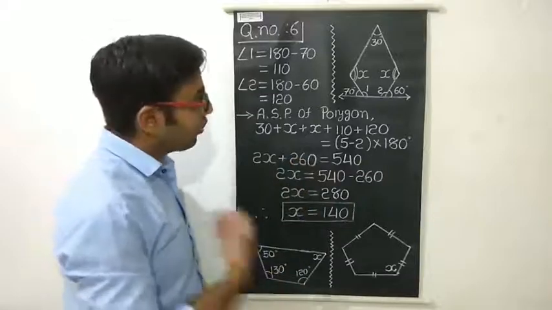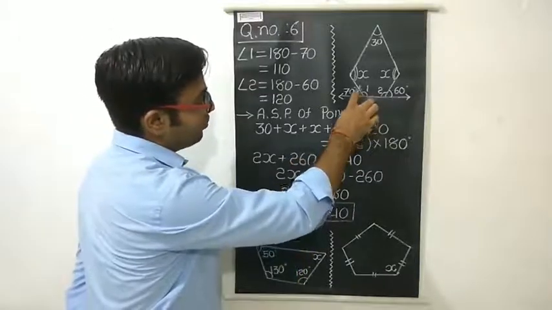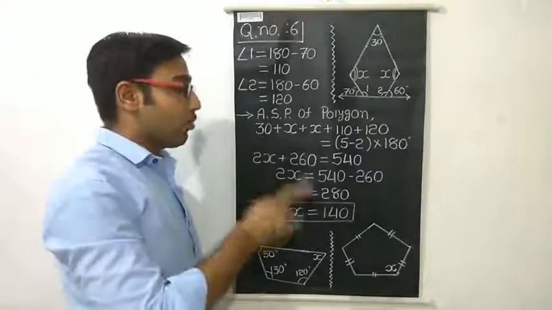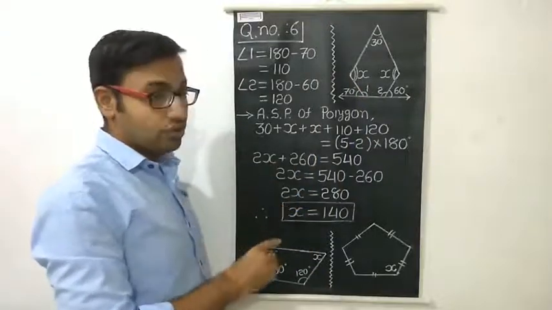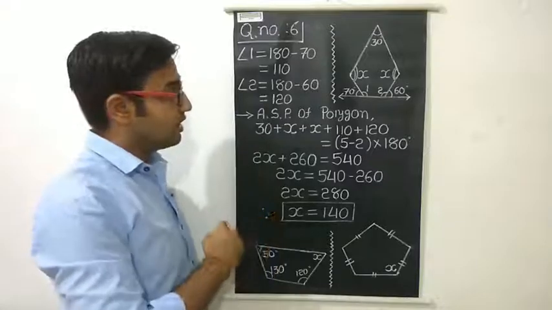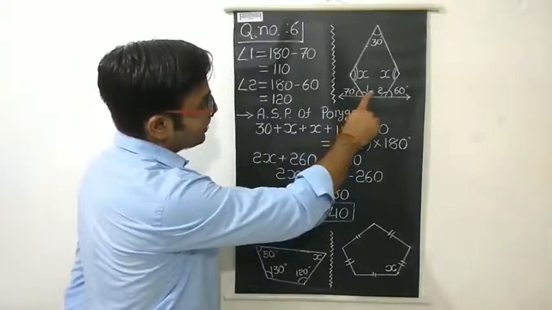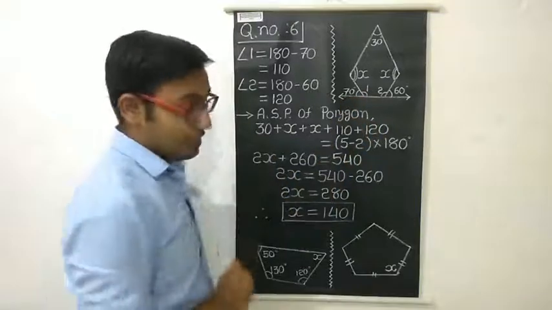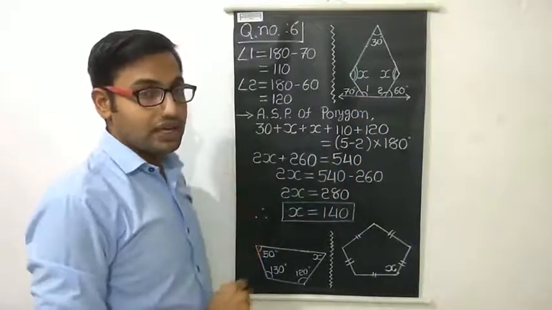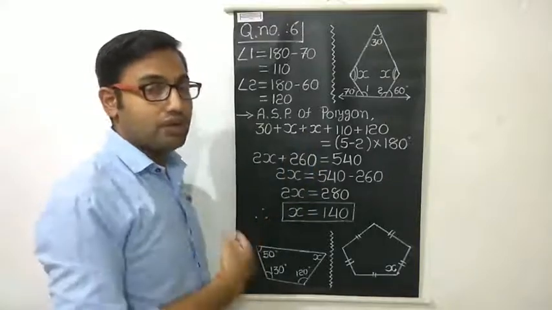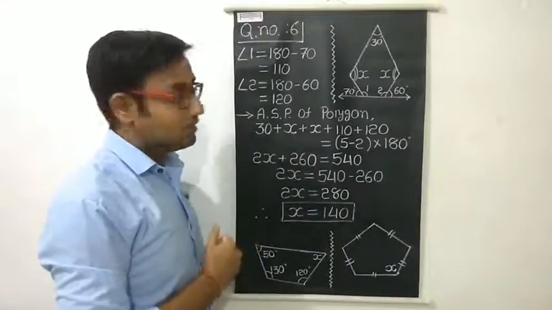But how to find out the value of the interior angle 1 and angle 2? Now remember, according to the linear pair angles that we have studied, we can say that the addition of angle 1 and this 70 must be equal to 180 degrees, because both angles are linear pairs, right?